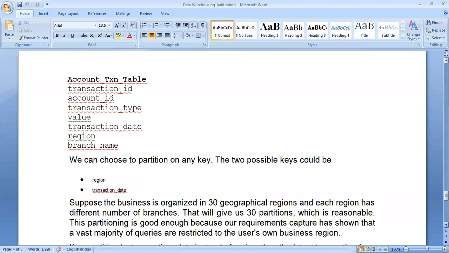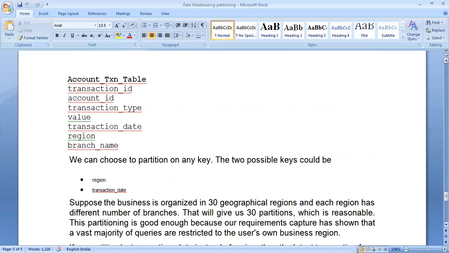All of them could be the key partitioning element, but from a bank manager's point of view, he would be interested in region or branch name rather than a particular transaction ID, because nobody generally deals with a particular transaction ID or recalls an account number that frequently. So it would be better to choose region and transaction date as the partitioning key.